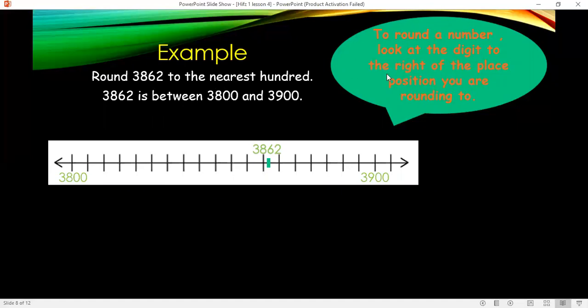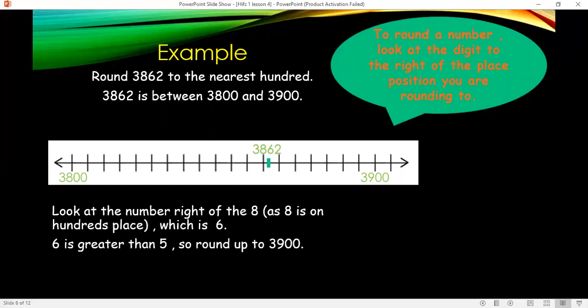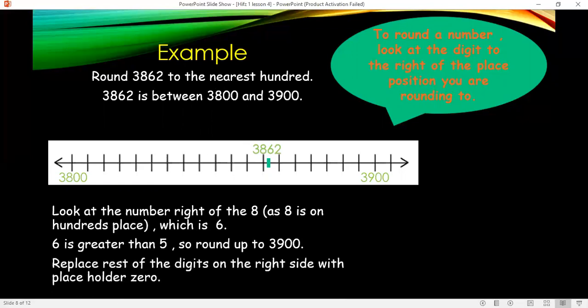Look at the digit to the right of the place position you are rounding to. This 6 is greater than 5, so you will add 1 to this 8, it will become 3,900. So we are going to round this up. Then the remaining 2 digits will be replaced by placeholder 0. So this will be rounded up to 3,900.